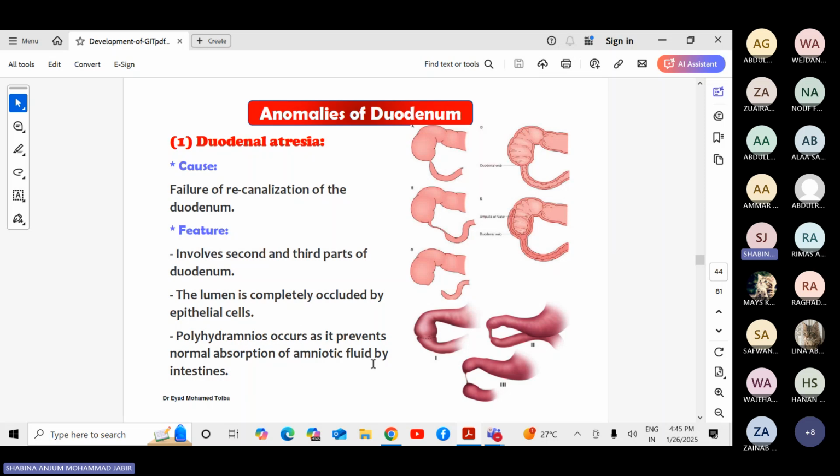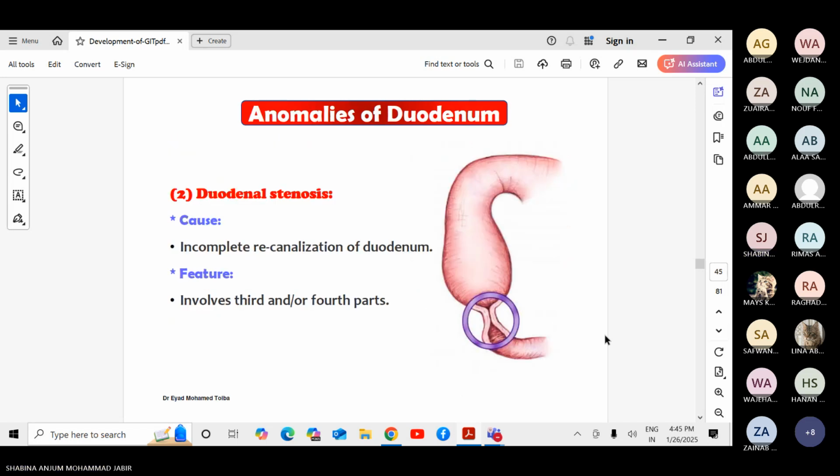So the mother will have more amniotic fluid, called poly. Poly means more. Polyhydramnios. Okay, so this is the incomplete recanalization which leads to duodenal atresia, and generally it will involve the lower part of the duodenum.